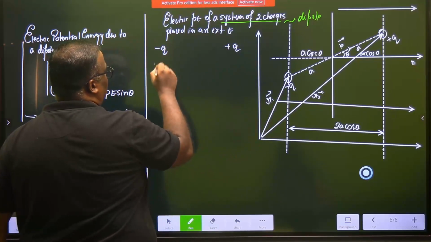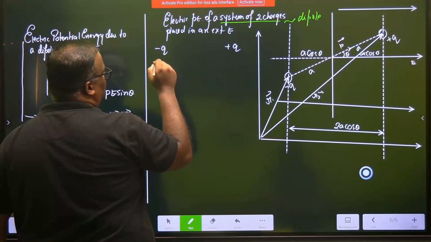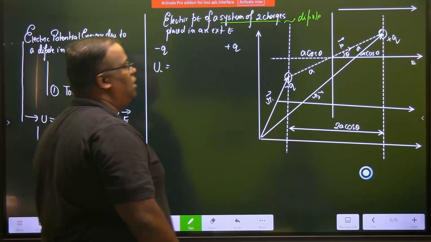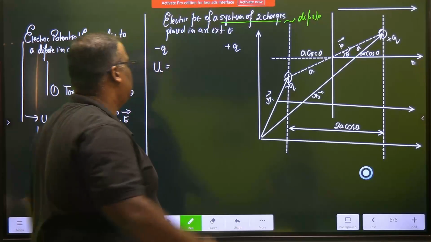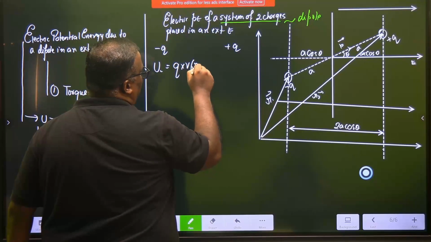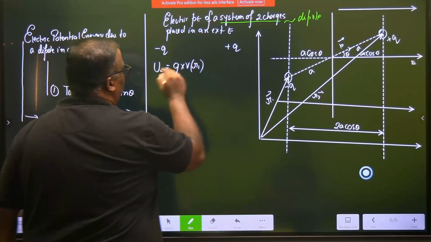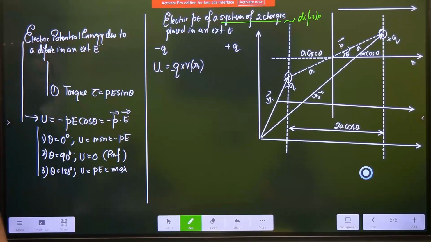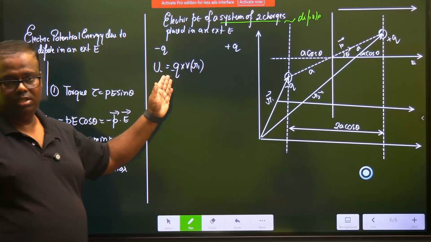Let us find out the energy due to the minus Q charge. The energy due to minus Q charge is given by minus Q into the potential at R1. Is this clear?